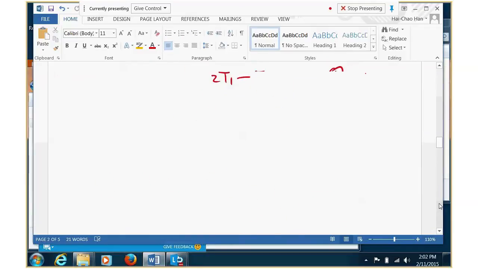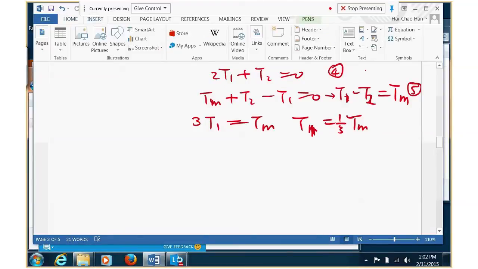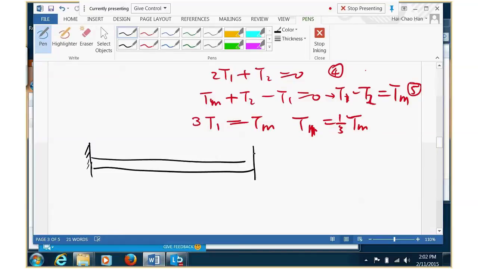Quickly, let me ask you one question here. What if we have a shaft like the one we just covered last time? So you have here a shaft.